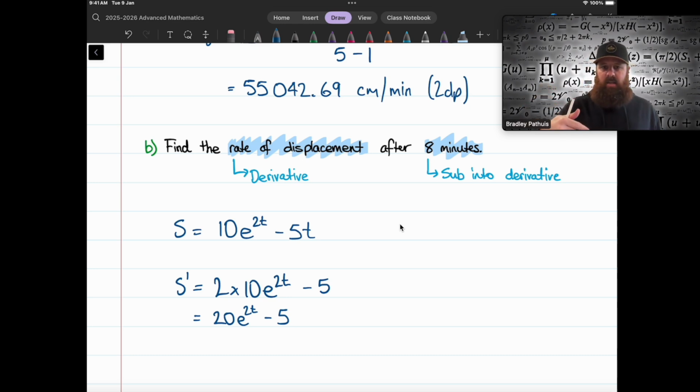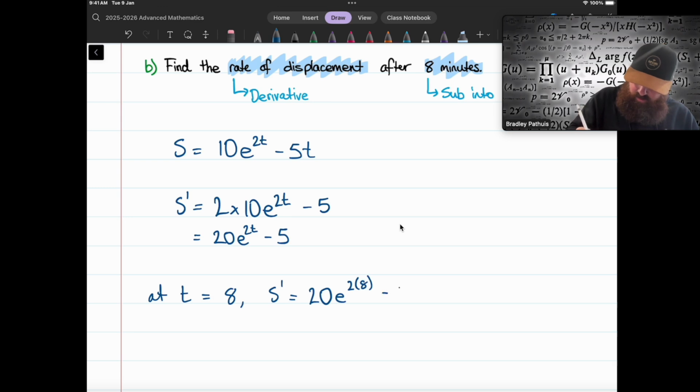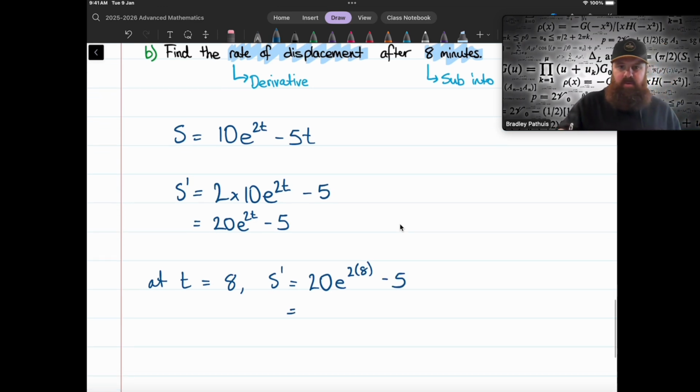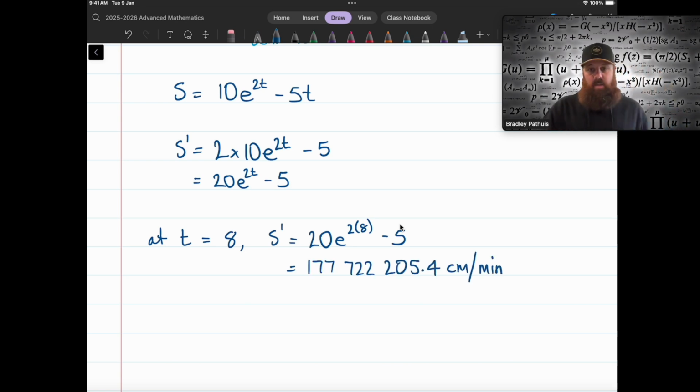And it asks, after 8 minutes, s dash becomes 20e to the 2 lots of 8 minus 5. And we just now sub that on our calculator. In these kind of questions, it's important not to forget your units.